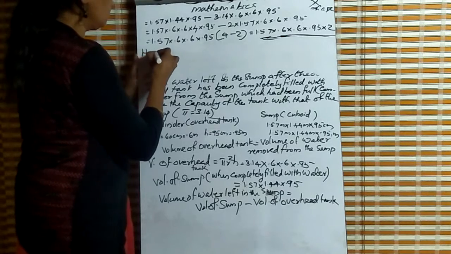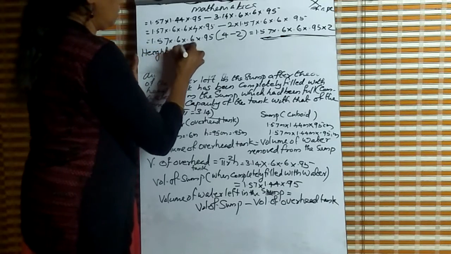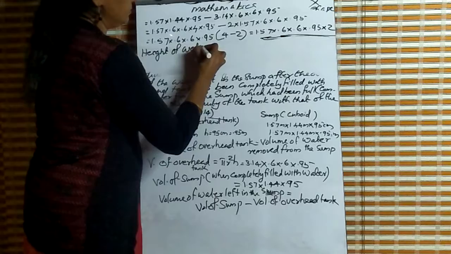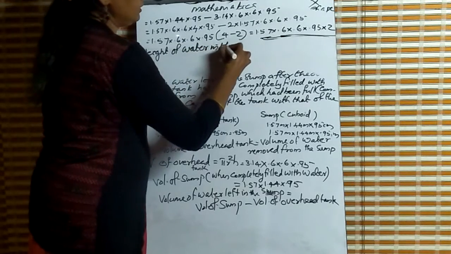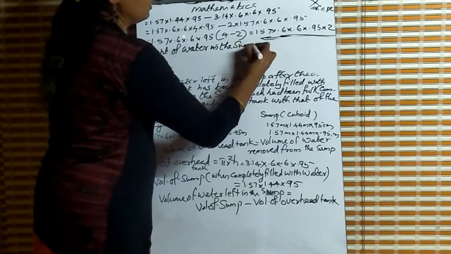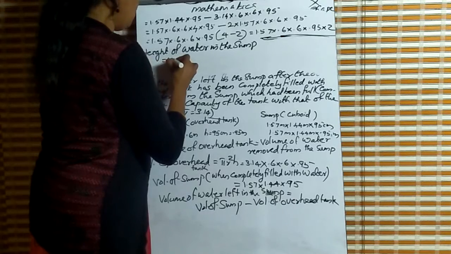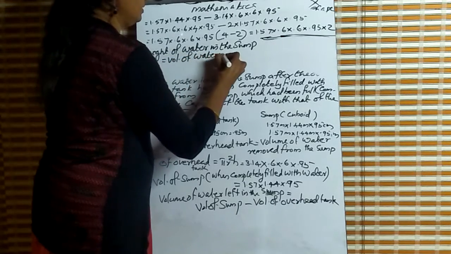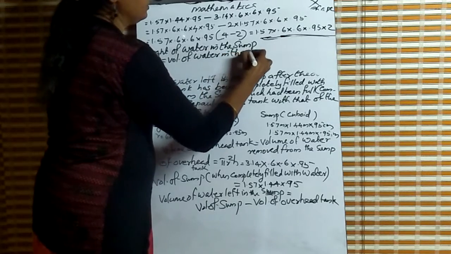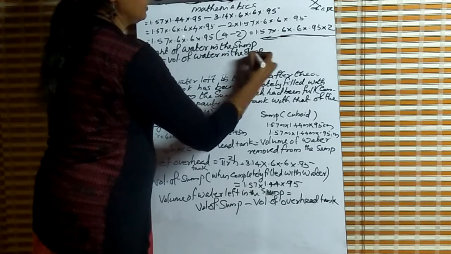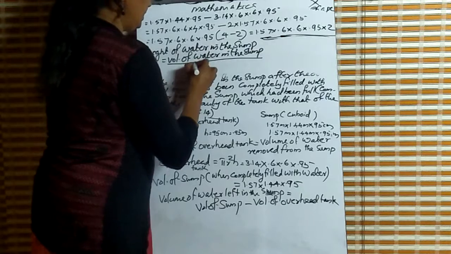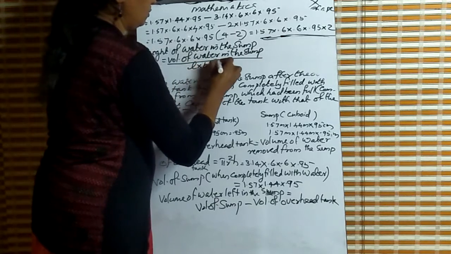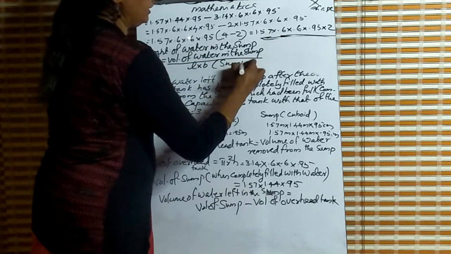Height of water in the sump is equal to volume of water in the sump divided by L into B of the sump, length and breadth.